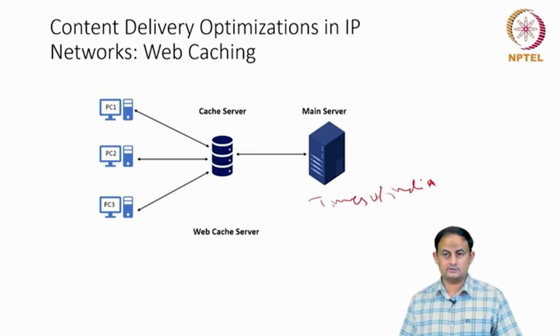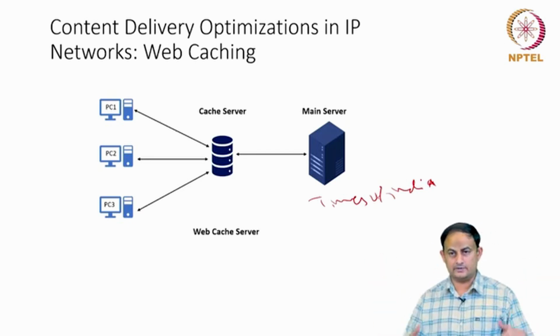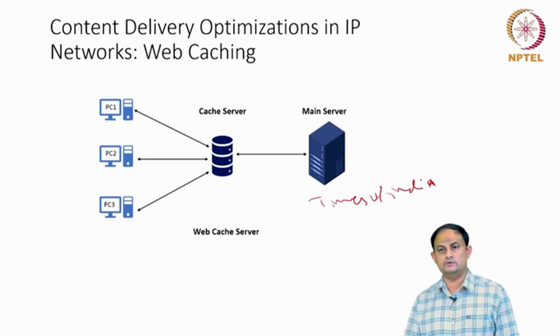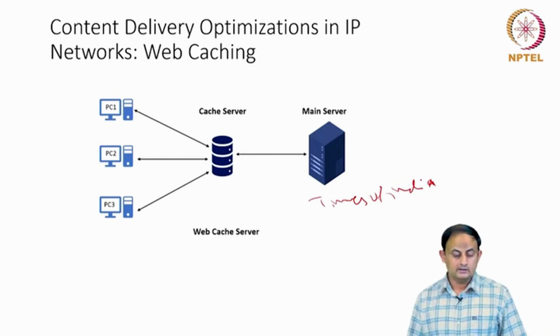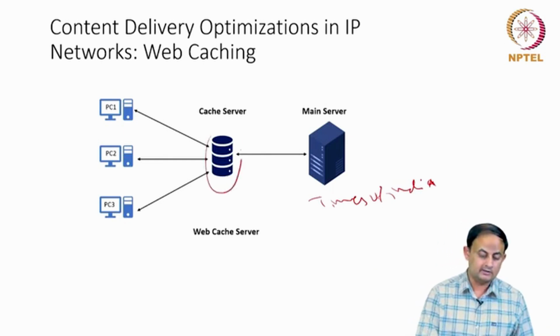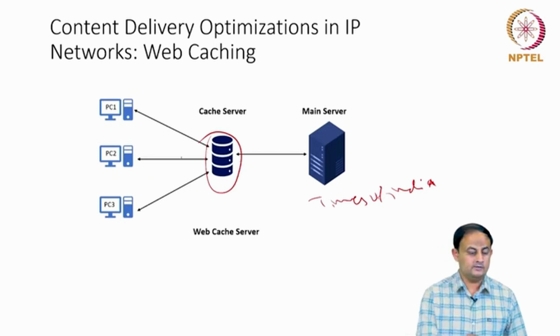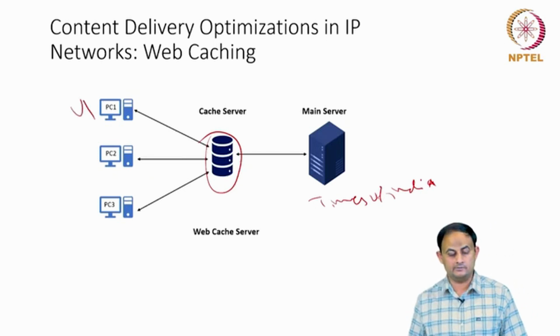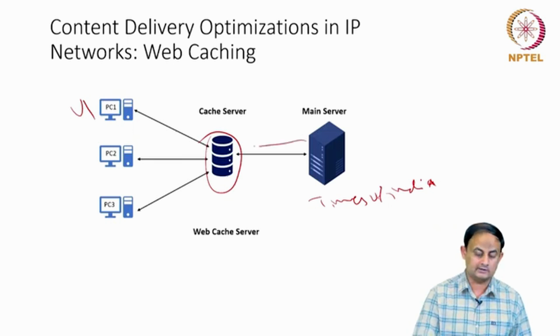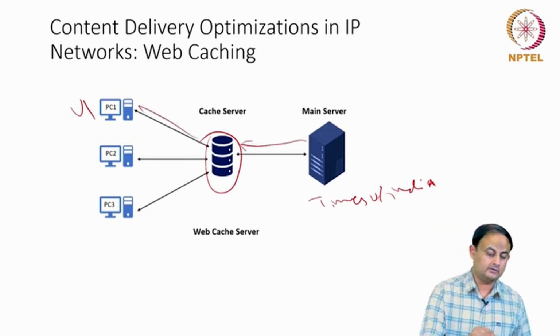Let us take the example of an organization. Maybe IIT Indore is there, and there are a bunch of users inside the IIT Indore network who are interested in visiting the timesofindia.com website. Once user number 1, using PC number 1 in this figure, makes a request, the content is delivered to that user.